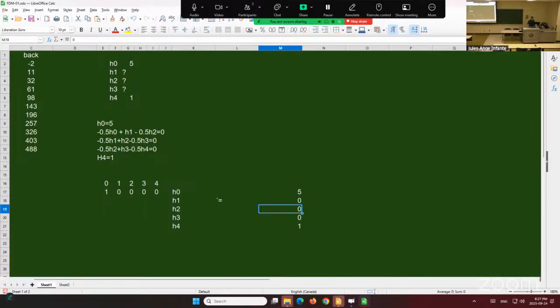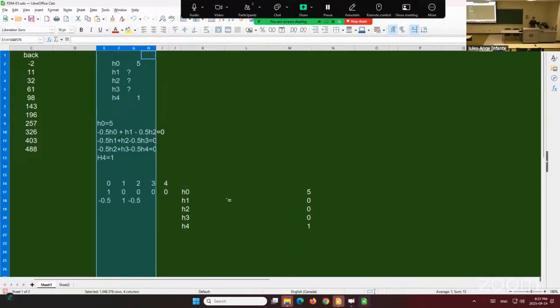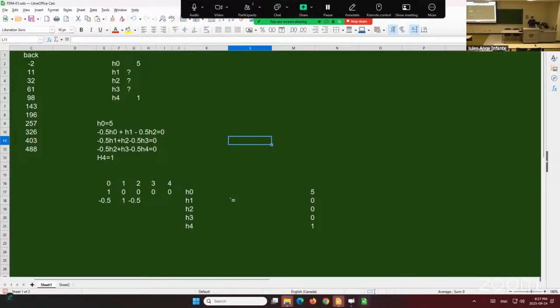If you put things in matrix, you have minus 3.5, 1, minus 3.5. Don't panic, it's just because of the font and size. And that will be 0, 0.